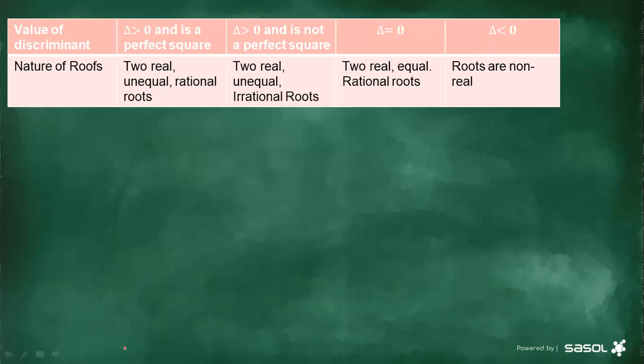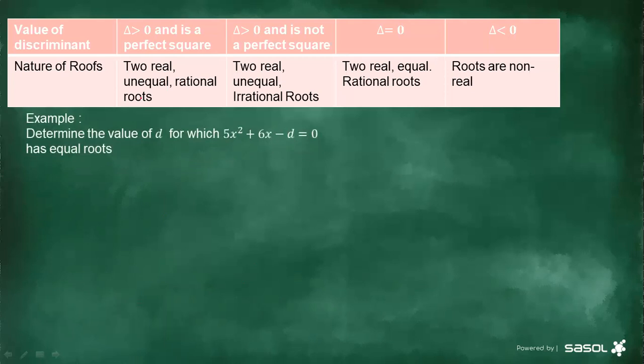We have another one on the nature of roots: determine the value of d for which this equation has equal roots. And then there's the solution. You have this one, and from there a equals 5, b equals 6, c equals negative d. Solve the delta. Now it has equal roots. Where is equal here?